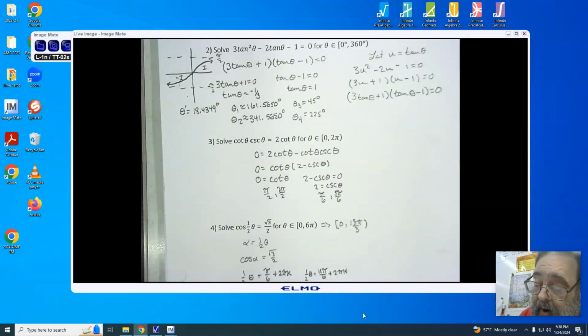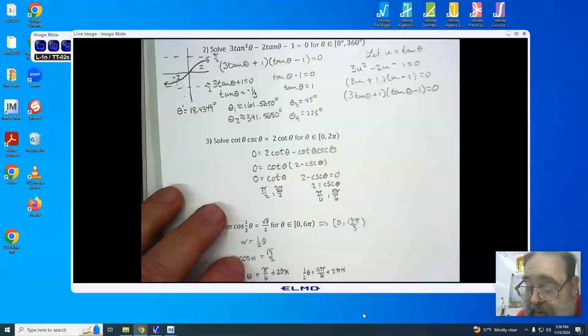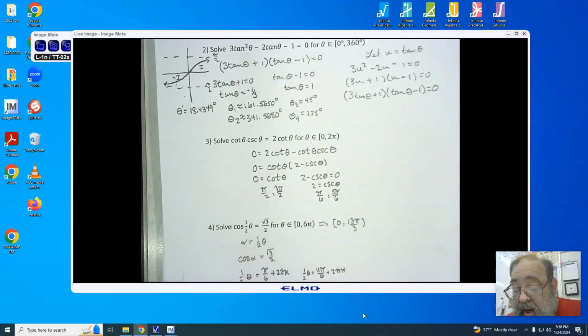In order to figure out what 4 pi k is in terms of thirds, I'm going to multiply the numerator and the denominator by 3, and you'll notice I'll be adding 12 pi over 3. So my first answer is pi over 3. When I add 12 to it, I end up with 13 pi over 3. And if I add another 12 to it, I will have 25 pi over 3, which is outside of the domain. These are my only two solutions for this one.